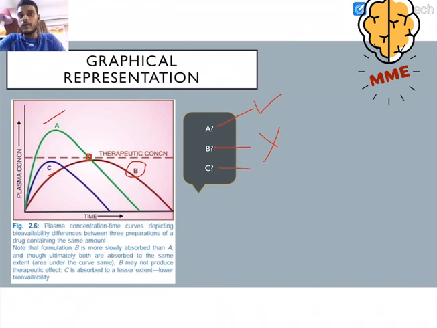See, formulation A has the same area under the curve as B, and most importantly, it is getting above this minimum therapeutic concentration level, so it is crossing the therapeutic concentration of the drug. And hence, A is the most likely to bring about the desired therapeutic response. Okay, and I hope this graph is clear, and this graph is again taken from KD Tripathi.